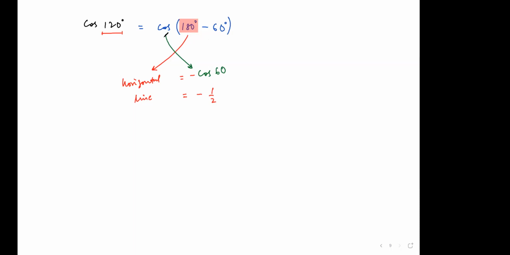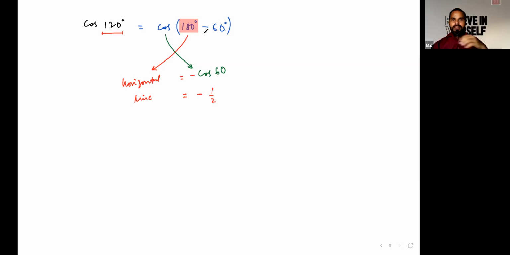So it will become cos of 60 degree. Ignore this term, whether it would be positive or negative, just leave it. So it will be cos of 60 degree. Now, try to define in which quadrant this particular value would lie, whether first quadrant, second quadrant, third or fourth. So it must be lying in second quadrant.